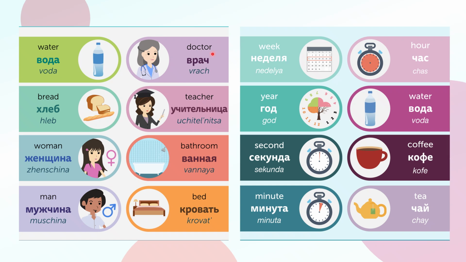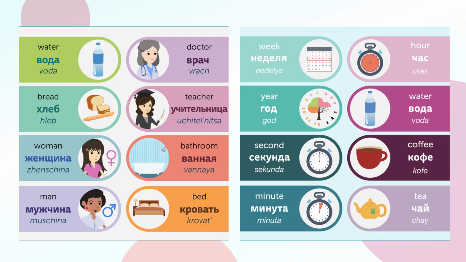Now pause the video and try to determine the gender of the given nouns. Вода ends with а, that's why it's feminine gender. Хлеб, consonant, masculine gender. Женщина, а, ends with а, also it describes a female, that's why this is feminine gender.